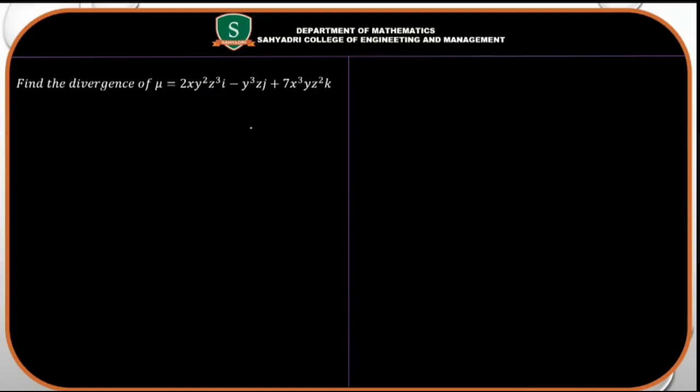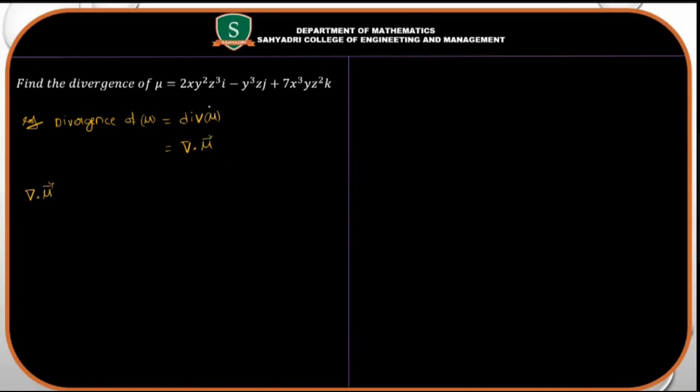Similarly, shall we try this? Find the divergence of mu equal to this function. First write what is divergence. Divergence of mu can be denoted by div mu. This is nothing but del dot mu. Let us see what is del dot mu.